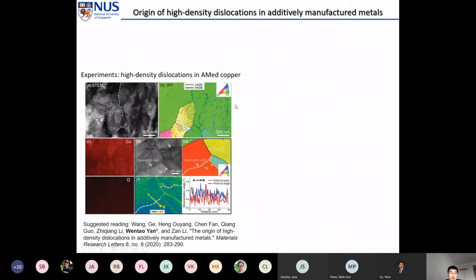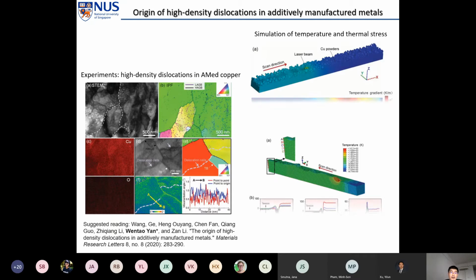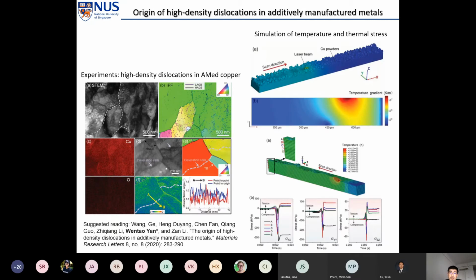So this is a collaboration with Shanghai Jiao Tong University. They use additive manufacturing to fabricate copper. They found there are high density dislocations, and then asked us to do some simulation about the temperature and thermal stress.